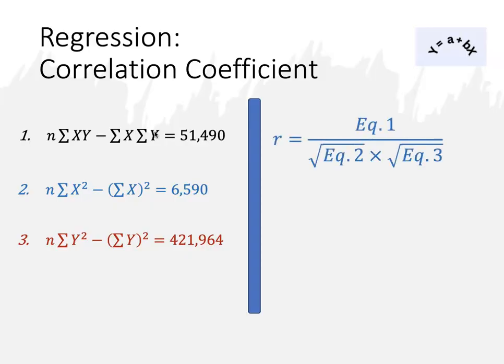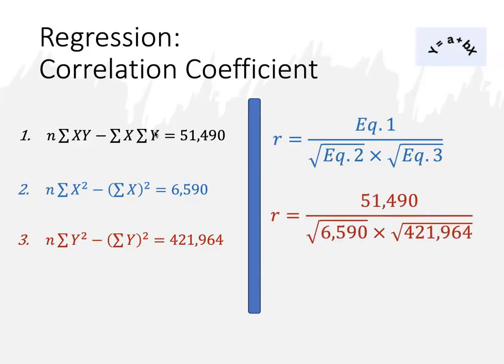And we are to find our regression correlation coefficient. So the value of equation 1 divided by the square root of equation 2 times the square root of equation 3. So 51,490 divided by the square root of 6,590 times the square root of 421,964.